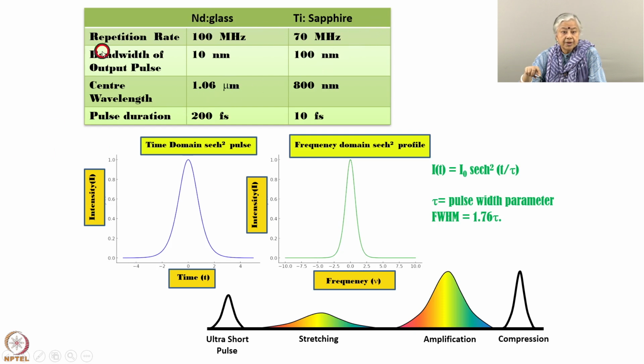The repetition rate in the case of ND glass is around 100 megahertz. So, you get a train of pulses of 100 megahertz. In titanium sapphire you will get somewhere around 70 megahertz.